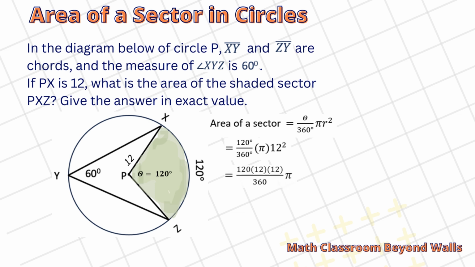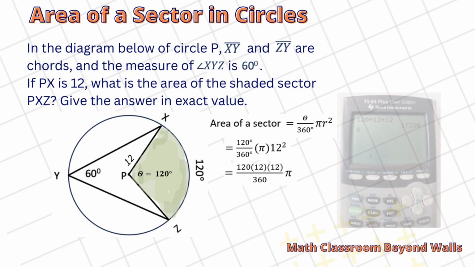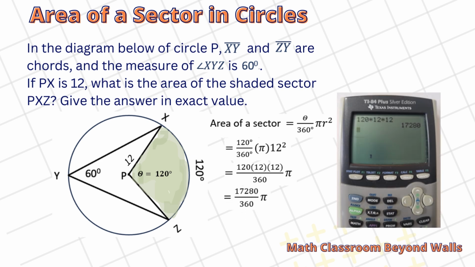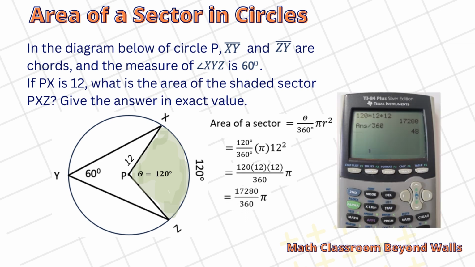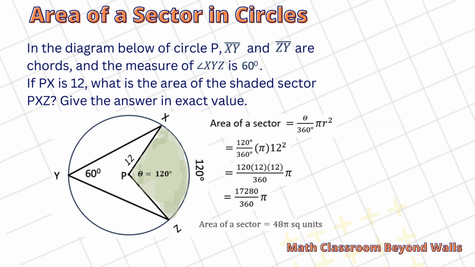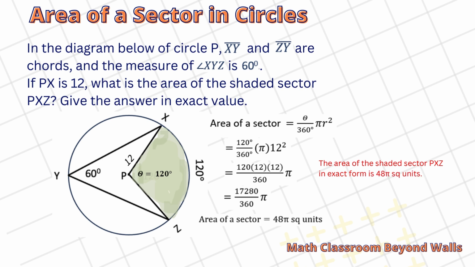Multiplying the numeric values in the numerator using a calculator gives us, dividing it with 360 gives 48. We then attach pi to 48 for the final answer. Therefore, the area of the shaded sector PXZ in exact form is 48 pi square units. That was easy, right?